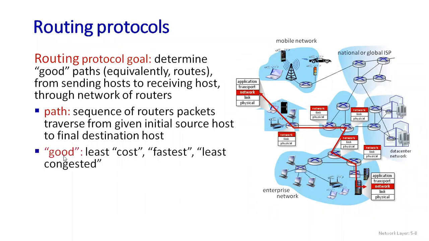Now if I talk about the good path, what do we mean by good? Good is taken care of in many ways. Here we take care that the packet should not be lost. If it is not getting lost in any of the networks, that is known as a good path. Also it should have less cost, it should reach fast, and it has to be least congested.